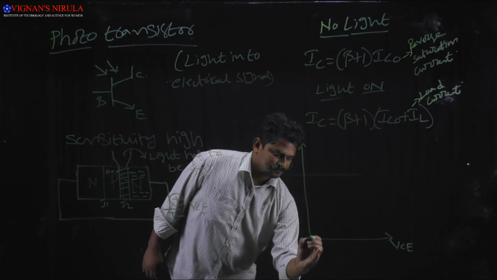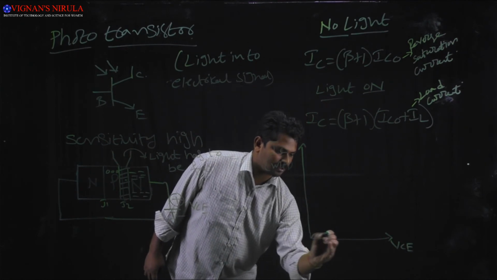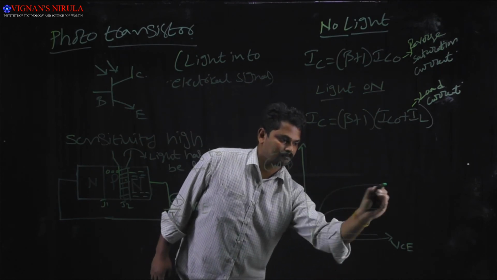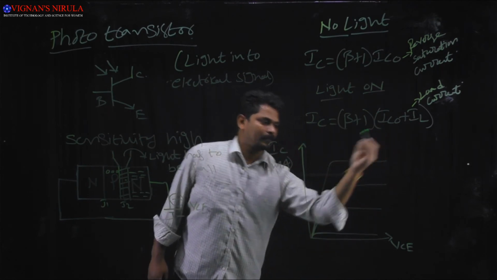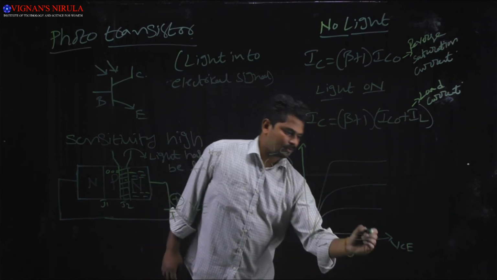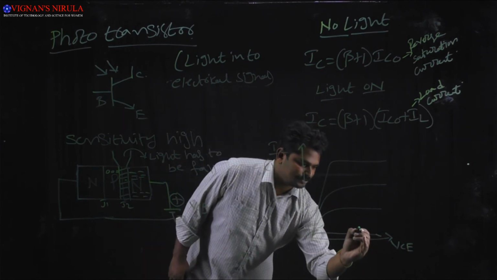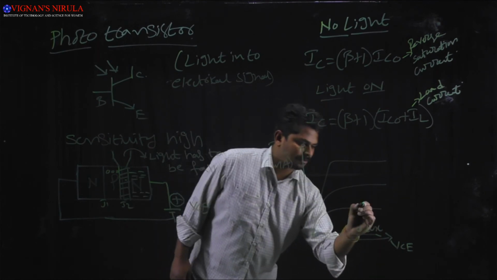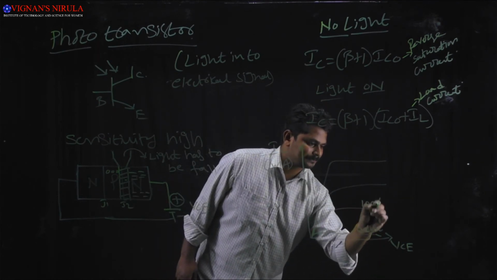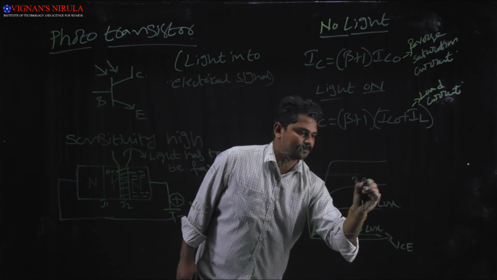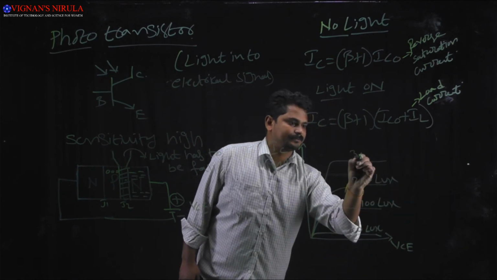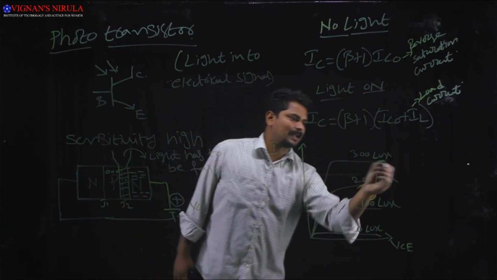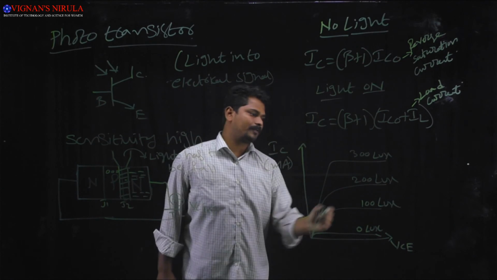The characteristics of your phototransistor will be like this. Here this is 0 lux, and we call it 100 lux, 200, or 300. It means this is the lux, the intensity of your light.